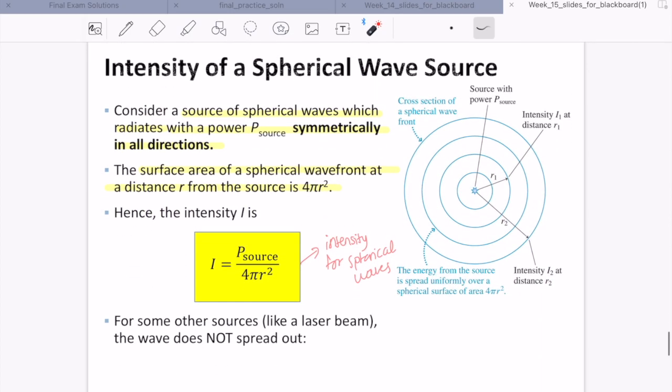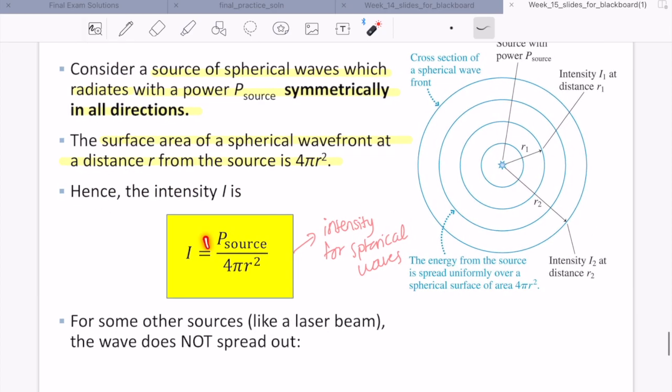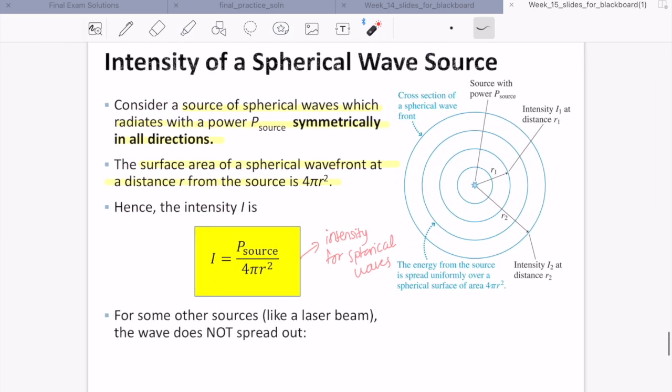So if you have a spherical wave source, this is usually for sound, I'm pretty sure. When you figure out the intensity for it, the intensity is equal to the power of the source divided by the surface area of that sphere. The surface area of a sphere is 4 pi r squared. You just take the power of the source divided by 4 pi r squared. That gives you the intensity for a spherical wavefront.